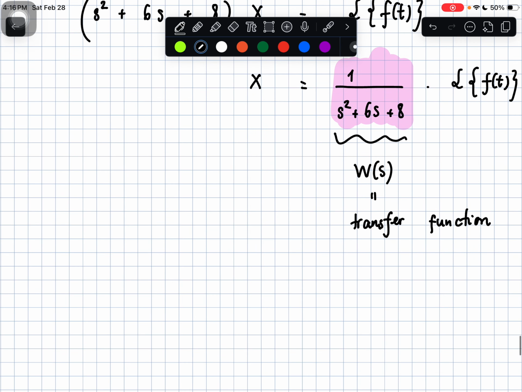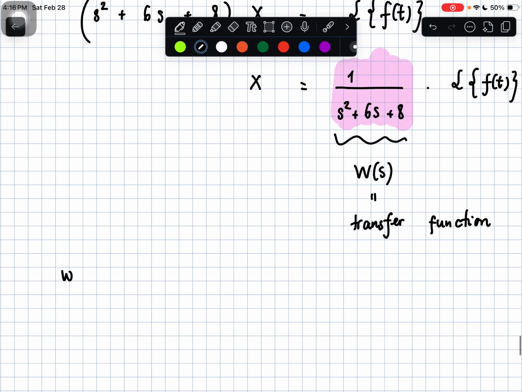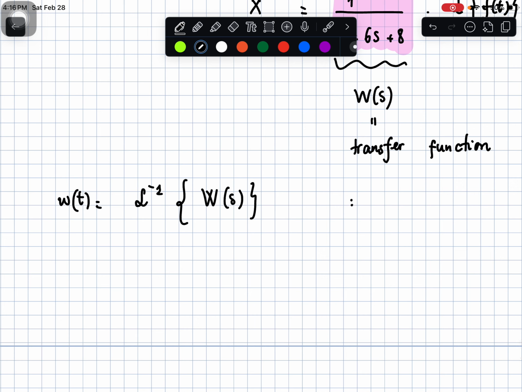That's what will give us the weight function, small omega(t), the inverse transform of W(s). This is the weight function, omega(t).